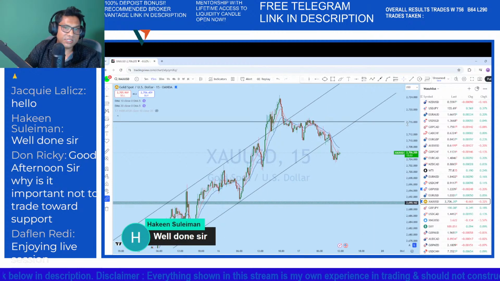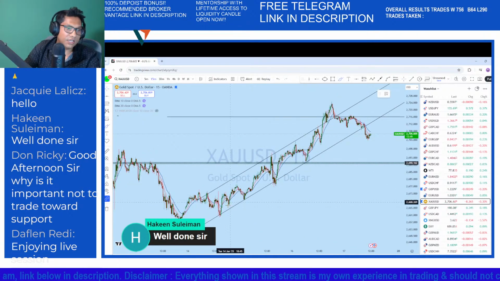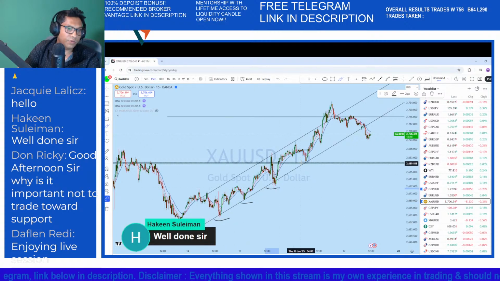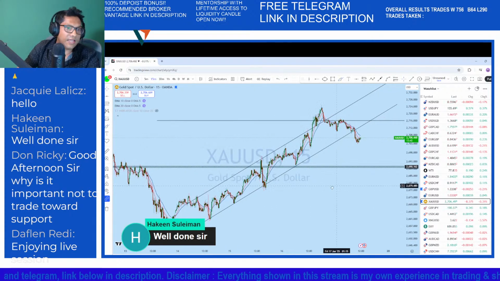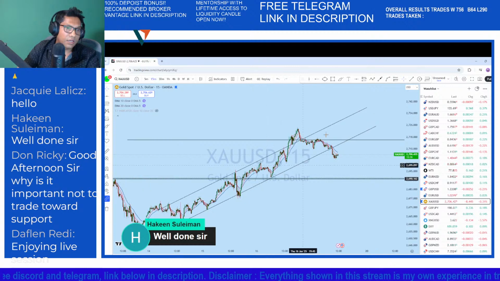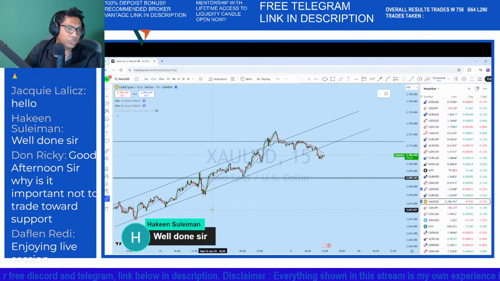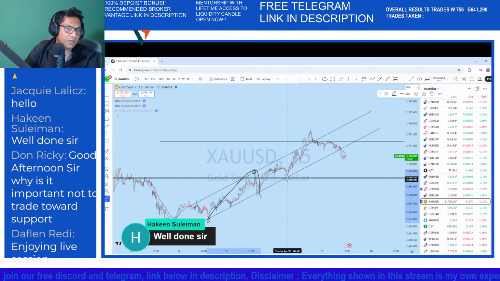Here we can see the market. If you look at it, you can see this is a series of higher low formation, in a bullish channel from the support to the resistance line.